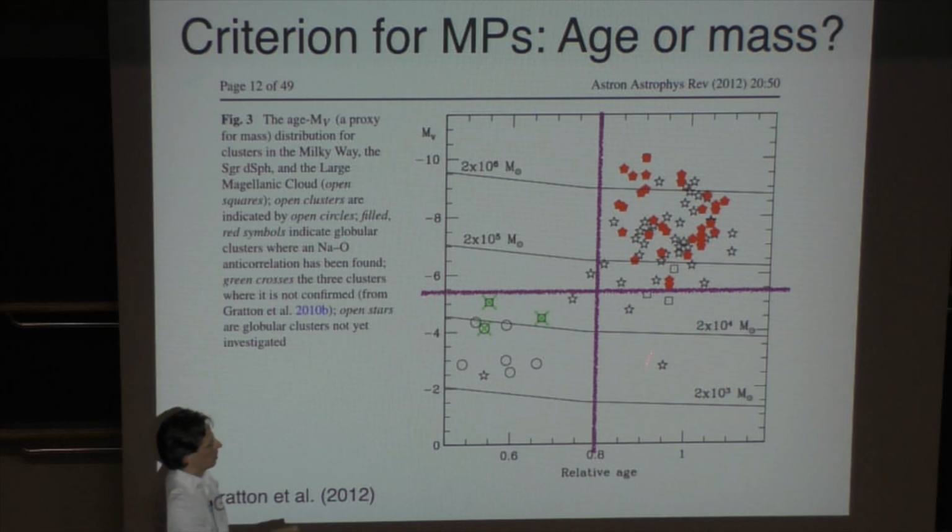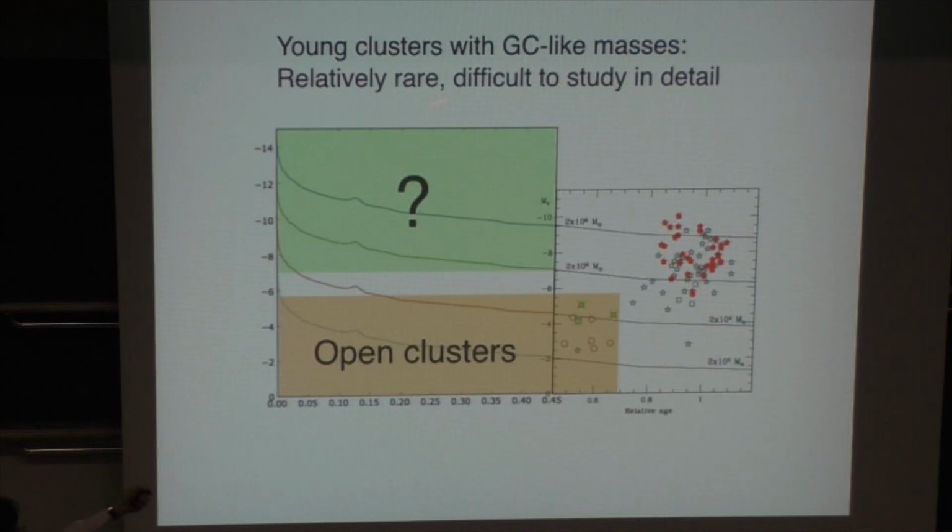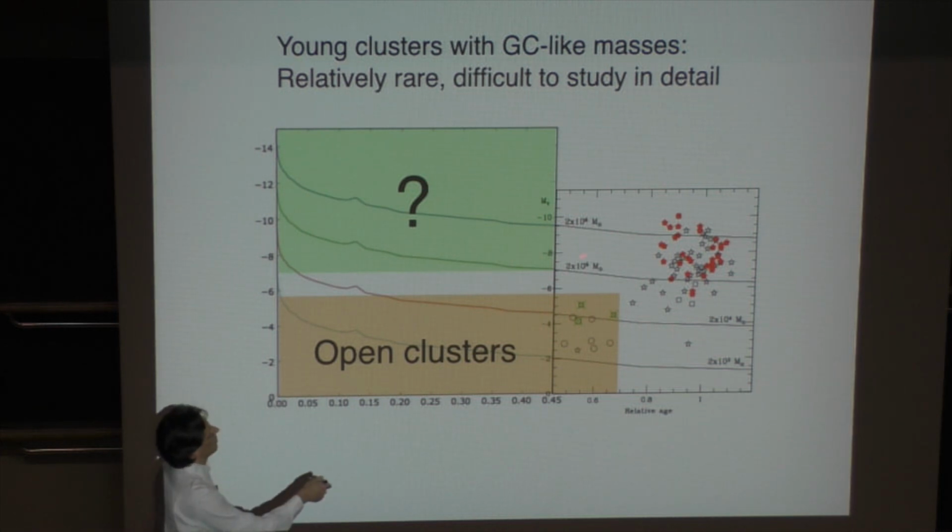These guys have probably disrupted, so they're hard to find, but we can hope to maybe fill in this region here by looking for massive clusters that have formed more recently and see if they have multiple populations. Right, so fill in this green area here, basically. What do these clusters do in terms of multiple populations? So in the Magellanic Clouds, there are some clusters that sort of start to approach this regime here.